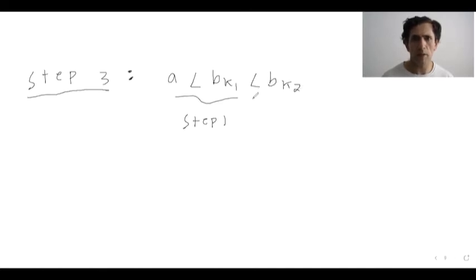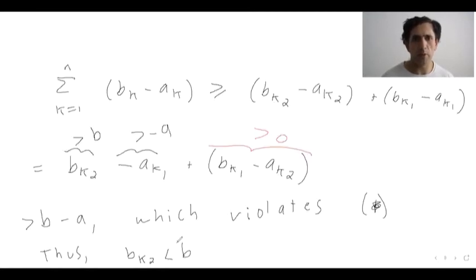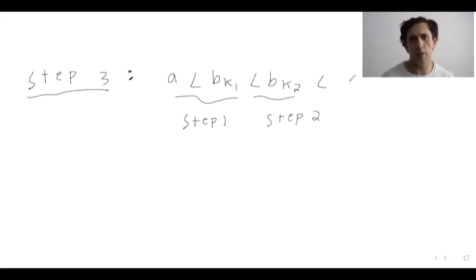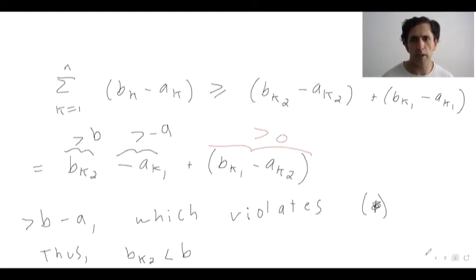I guess technically from step 2, we have BK2 is less than B. That's basically what we just proved.